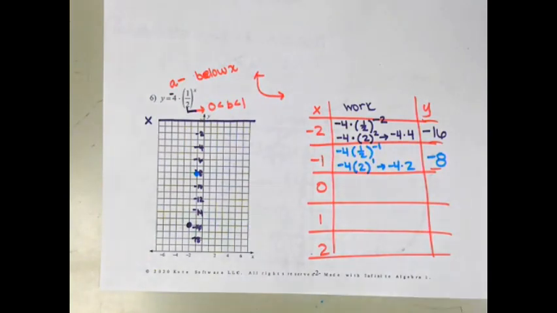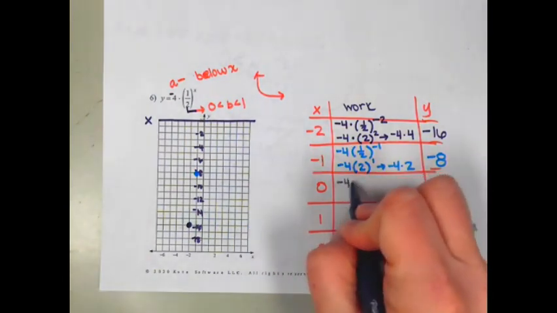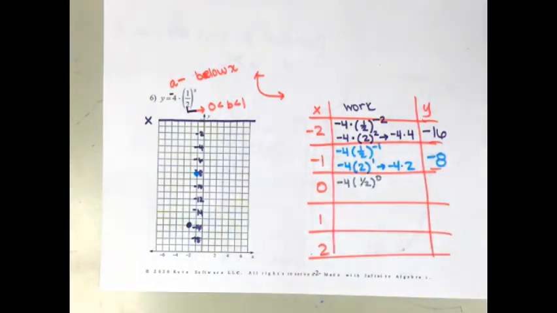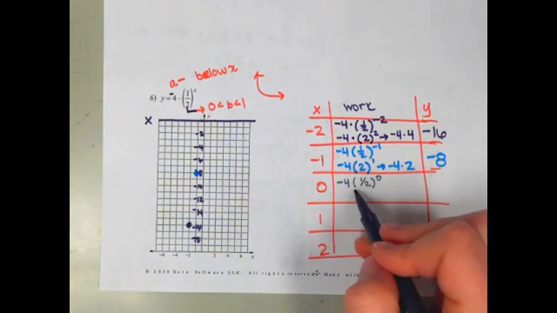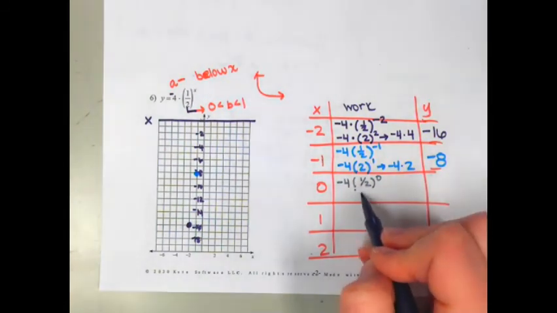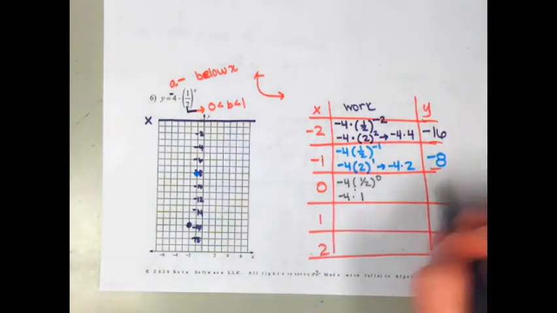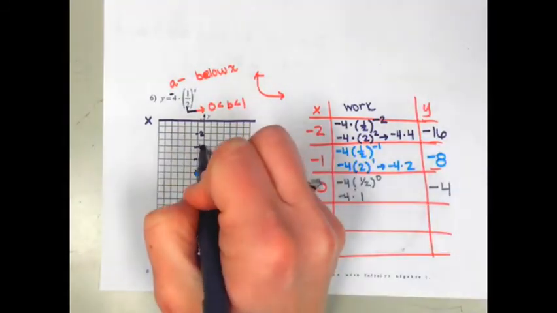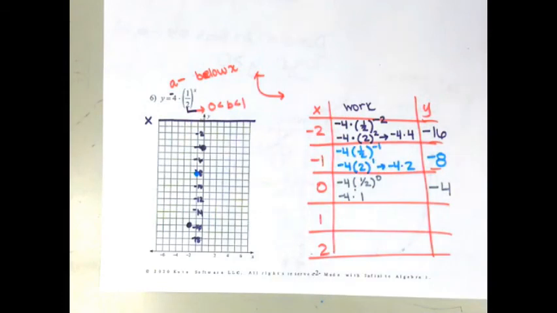0. -4 times 1/2 to the 0th power. What's anything to the 0th power? 1. And what's -4 times 1? -4. Is everyone okay with that? Okay. All right.